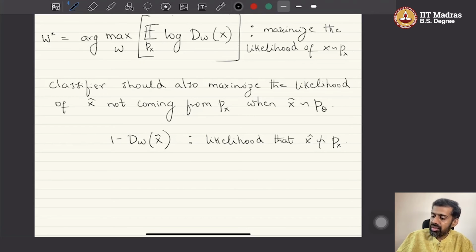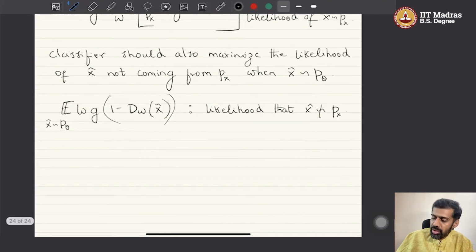We want to maximize this as well. So we want the log likelihood of this under the expectation, where the expectation is now taken over p theta, because whenever the samples are drawn from p theta, we want the log likelihood of those samples not coming from px to be maximized. So that's what the classifier is.